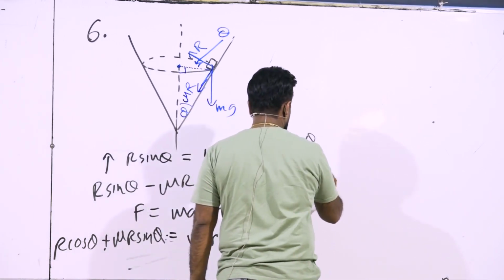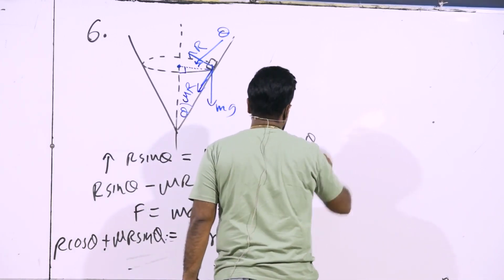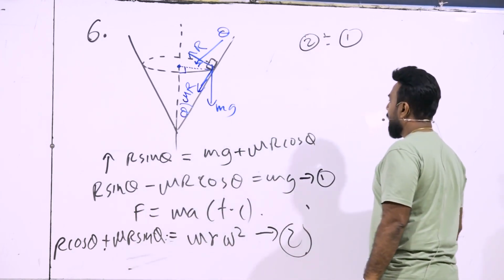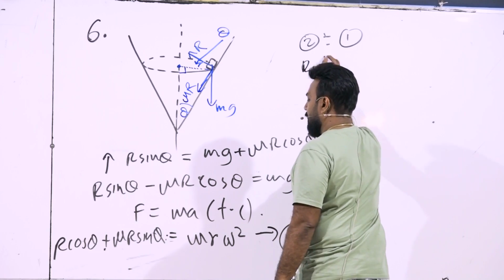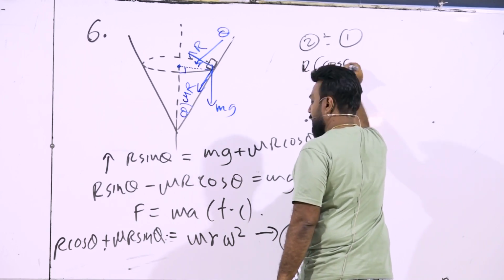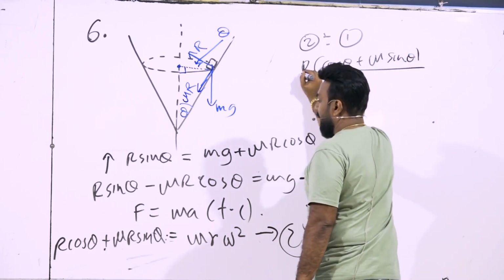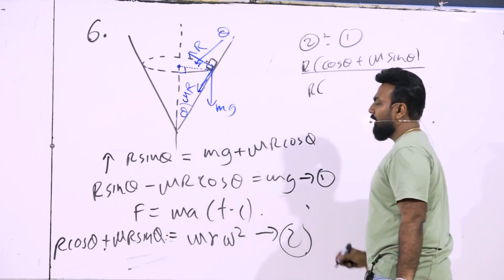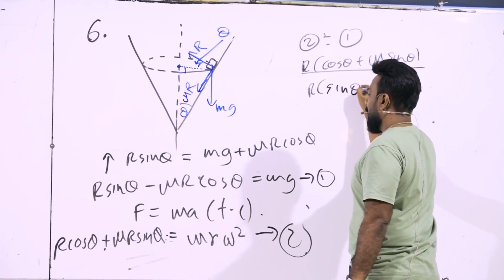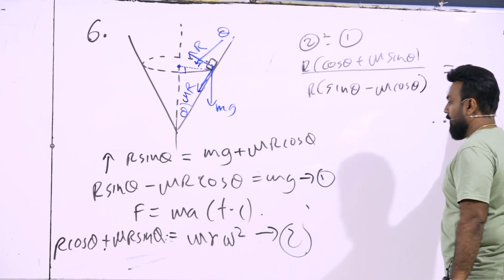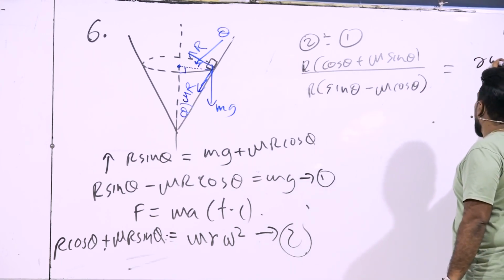Number 1, number 2. I'm dividing 2 by 1. It gives us R, cos theta plus mu sin theta, divided by R, sin theta minus mu cos theta, equal R omega square over g.